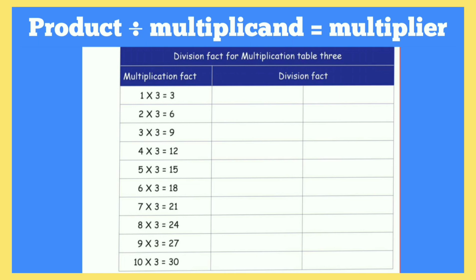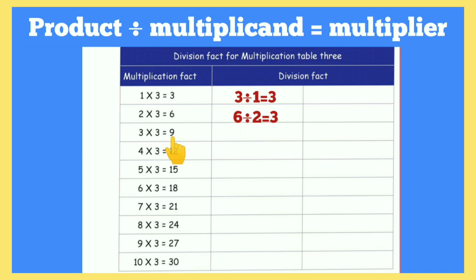Here the product is 3. Multiplicand is 1 and the multiplier is 3. So, 3 divided by 1 equal to 3. Second one, product is 6, multiplicand 2, multiplier 3. So, 6 divided by 2 equal to 3.